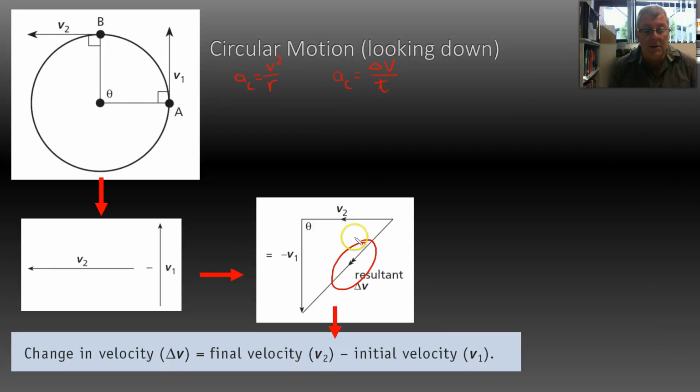Therefore it is the change in velocity that determines the direction of the vector quantity, which is the centripetal acceleration. In this case, because of the direction of V1 and V2, the resultant is in this direction. That means for this time interval, this would be the direction of delta V. Now that seems a little bit confusing.